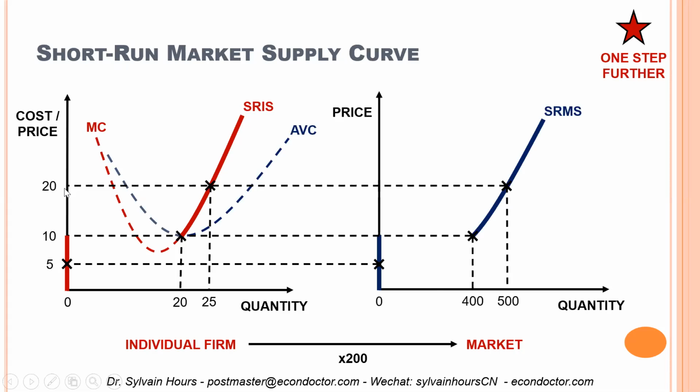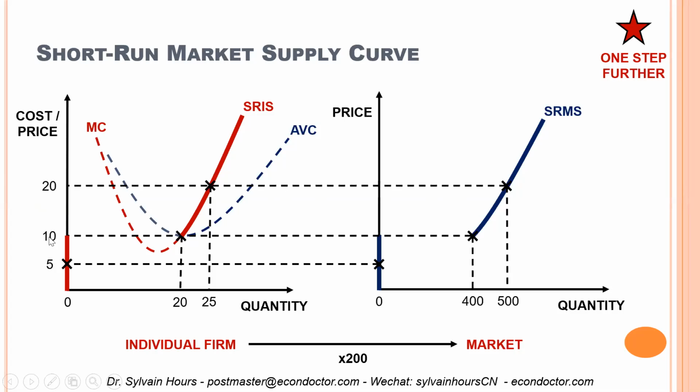So for example, if the price is $20, each individual firm is going to supply 25 units. Which means that when you multiply by 200, and I think I made a mistake, because 25 times 200 is 5,000, not 500. Overall in the market, the short-term market supply would be 5,000 units at a price of $20.